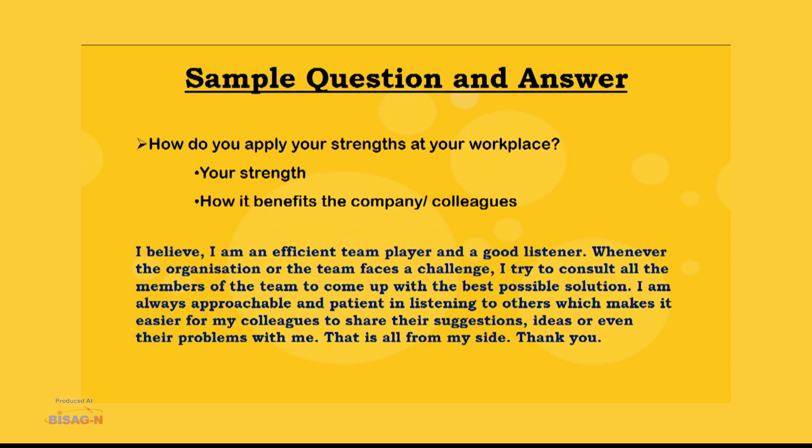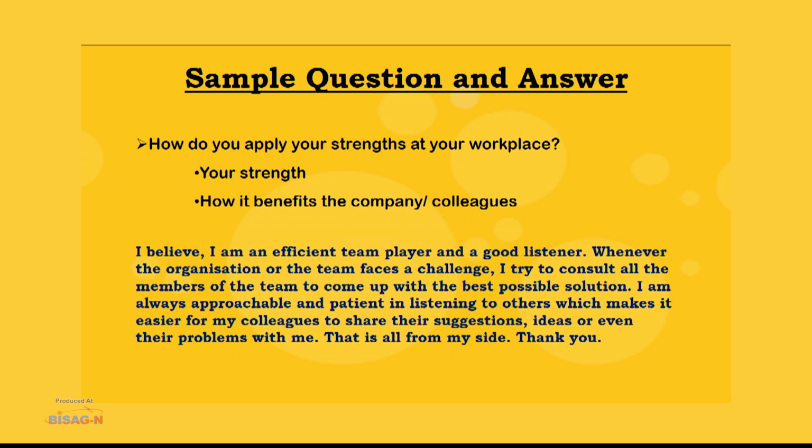Since the preparation time is just 40 seconds, it's a very short span of time, so just write the bullet points. Even while you're thinking and preparing, you would not have the time to write complete sentences. Just write timeliness, punctuality, or good communication.